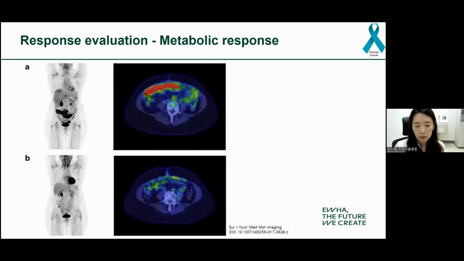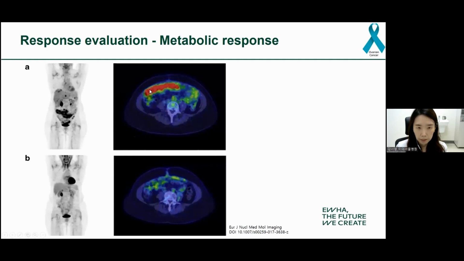This is another example of a metabolic response seen after neoadjuvant chemotherapy in a 62-year-old woman with advanced inoperable ovarian cancer. The PET MIP image presents multiple FDG uptake lesions in the abdominal pelvic cavity.